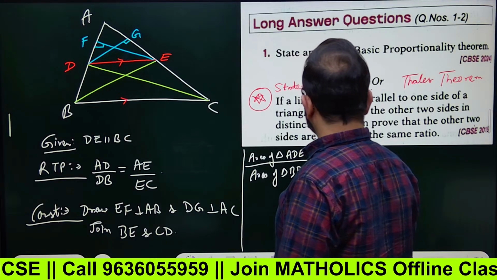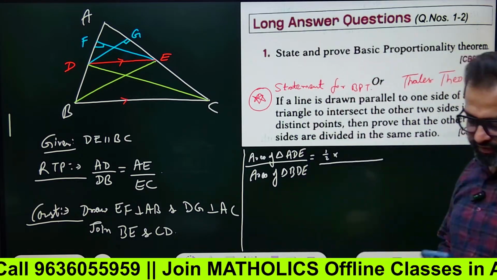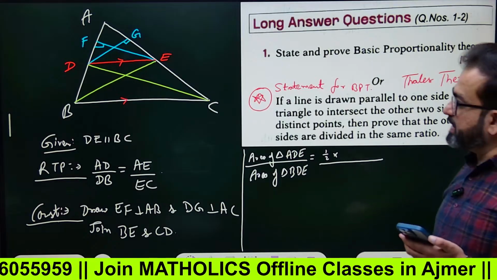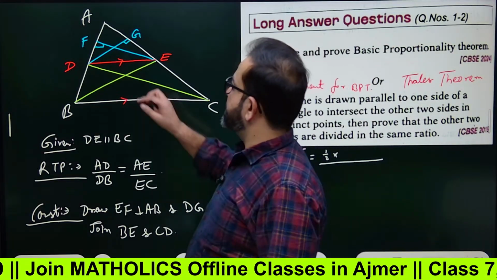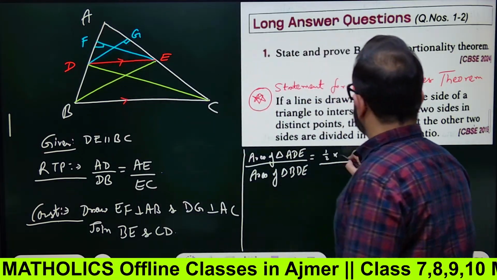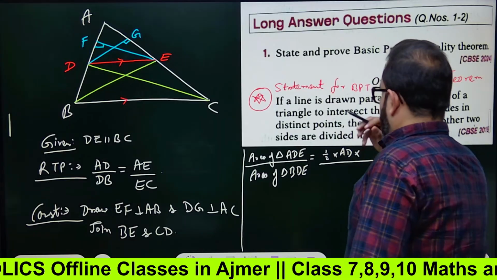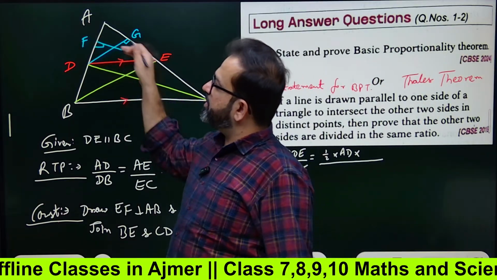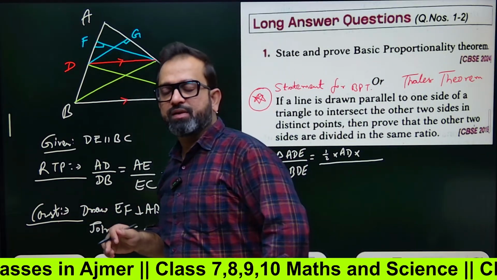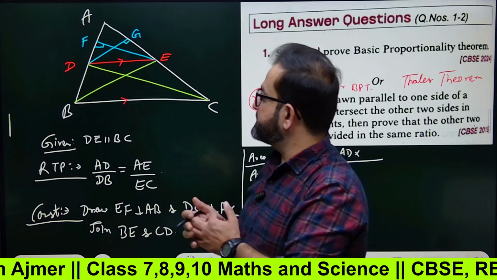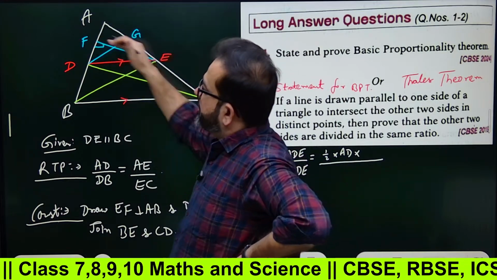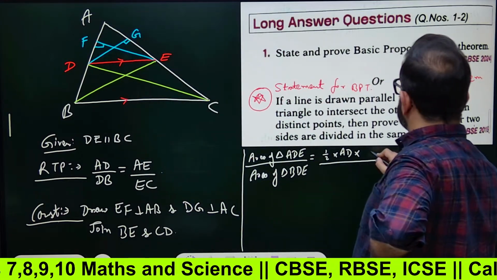So half into base into height upon half into base into height. What is the base for triangle ADE? First time we'll take AD as base. So half into AD into perpendicular, which is EF. Yes or no?